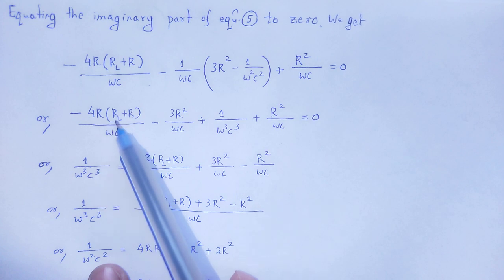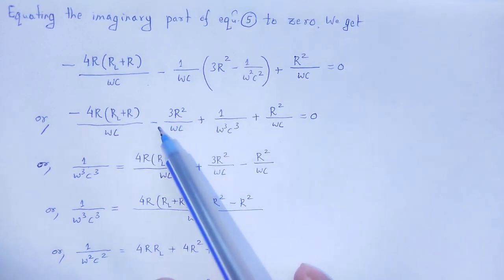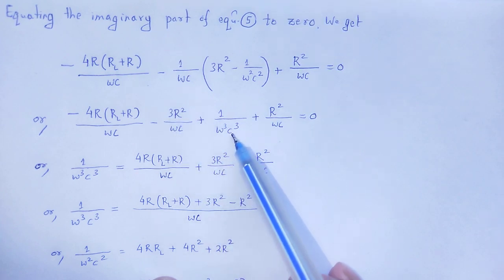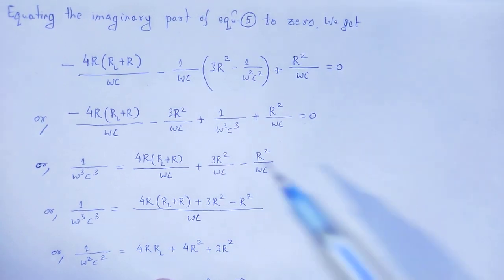Minus 4R RL plus R divided by omega C, plus omega C multiplied by 3R square by omega C, plus 1 by omega cube C cube, plus R square divided by omega C.